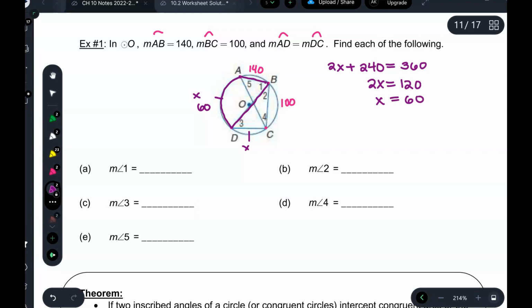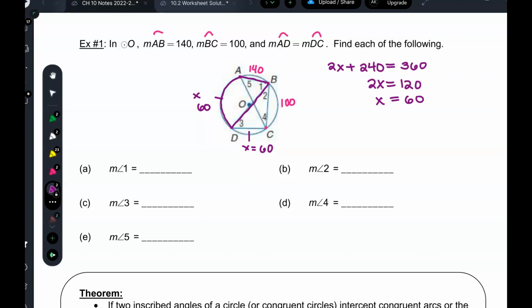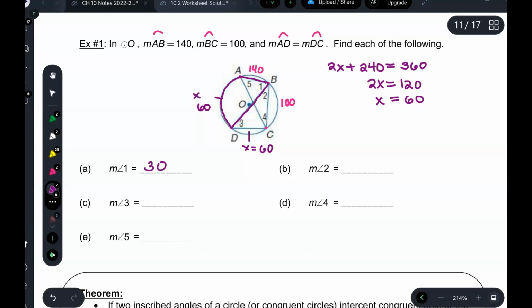There's two arcs that are both the same. It says they're equal. So if the arc is 60, then angle 1 has to be 30, because angle 1 is opposite 60 degrees, so it's always going to be half of it.